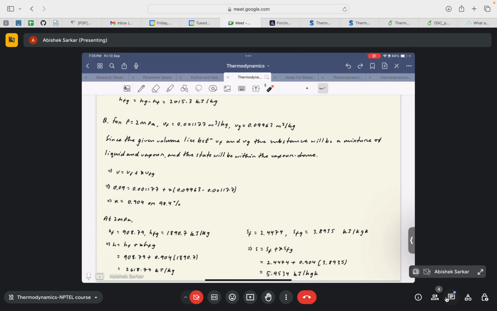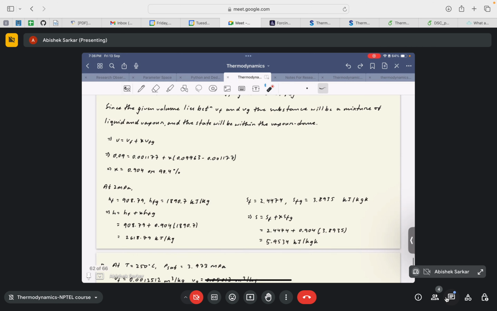So we can find the value of x using this expression, from where we get that x is equal to 0.904 or 90.4%, the quality of the steam. Using the same value of x, since the steam is in the liquid vapor dome, we can use the steam tables to find all other properties at the same pressure.